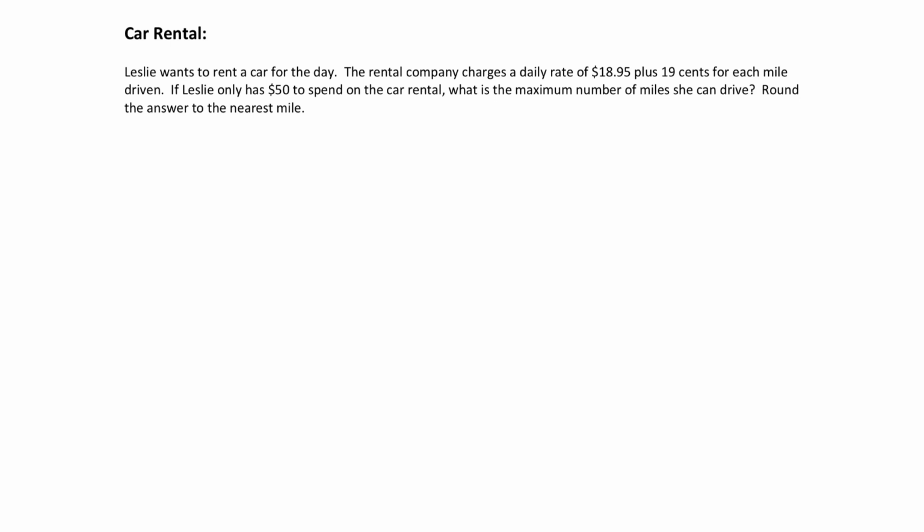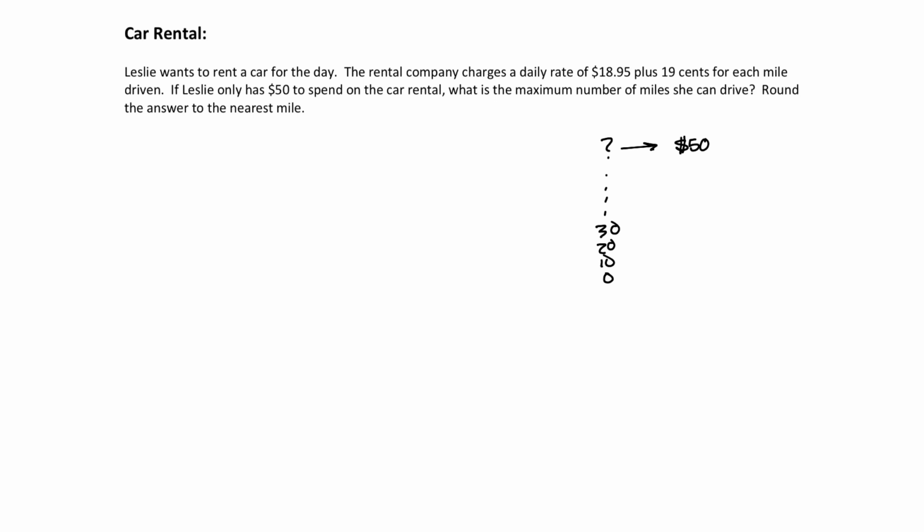If she drives 0 miles, 10, 20, 30, etc., somewhere up here there's going to be a number of miles that represents the maximum she can drive, so that she has to pay $50.